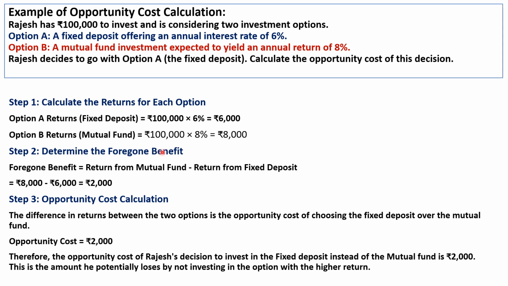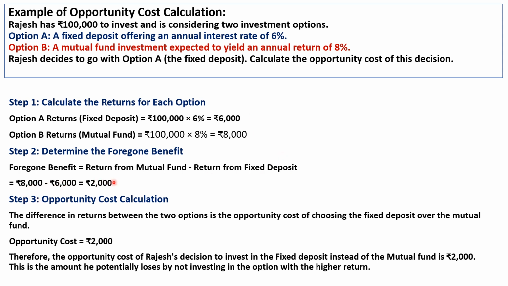Determine the foregone benefit. Foregone benefit is equal to return from mutual fund because he did not invest in mutual fund. So that is 8,000, the return from mutual fund, minus the return from fixed deposit, 6,000. So 8,000 minus 6,000 is 2,000.